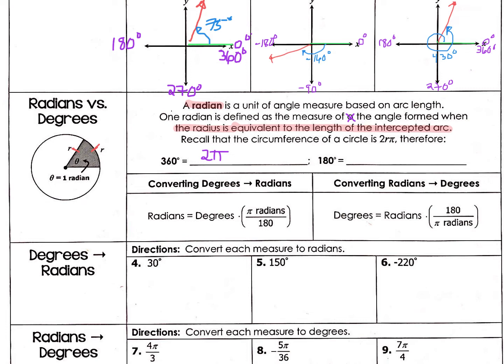We're trying to get you into what's called the unit circle, and in the unit circle we always shrink the radius down to 1 unit of measure. So it's not going to be 2.6 or anything like that, it's 1 unit of measure. So that's why our r is 1, so we end up with 2 times 1 times pi, which gives us 2 pi. So then half of 360 is 180, so half of 2 pi would be pi.